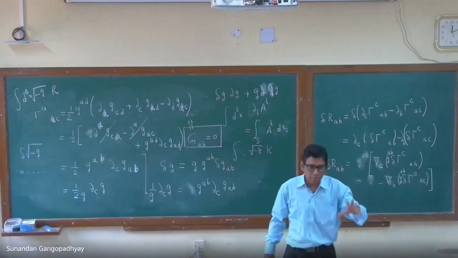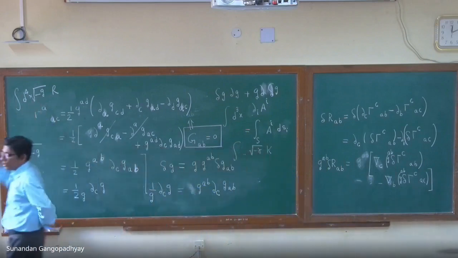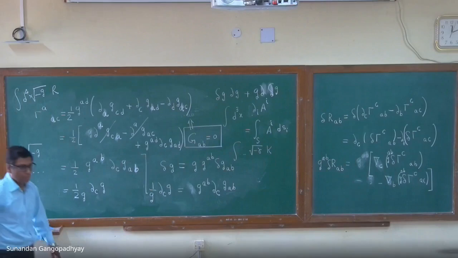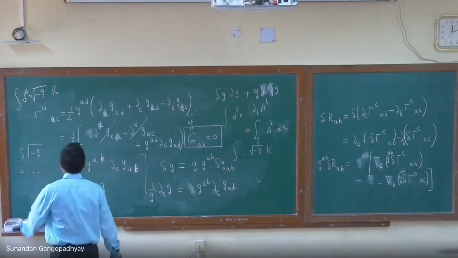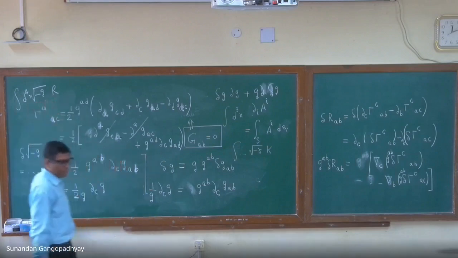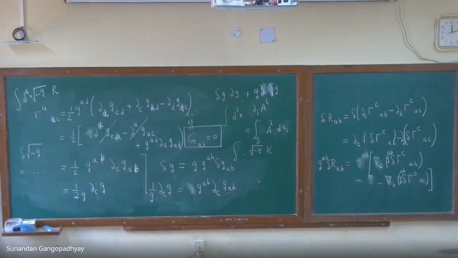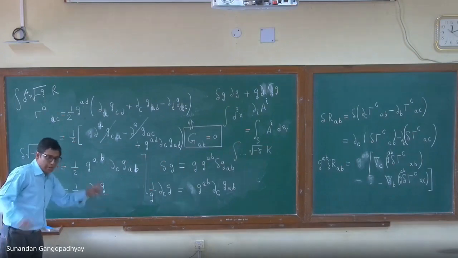Now it is positive. Square root minus G is a positive number. So square root is also a positive real number. I will not take the negative real number. Positive real number and then everything is fine. So this was a point that I missed when I discussed the Einstein-Hilbert action. Now the discussion is complete. So here also, you see that G is a determinant of that metric tensor, but this is negative, right?